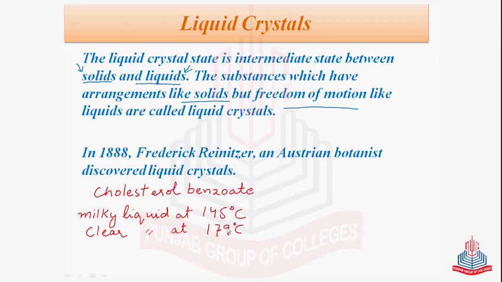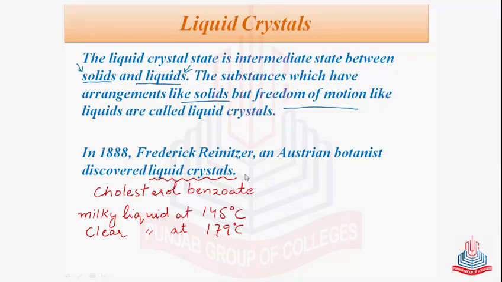So इस 145 से 179 के दरमियान Friedrich Rinzer observed that cholesterol benzoate showed a turbid phase, and that turbid phase is actually the liquid crystals. और जब इस substance को cool किया गया, तो reverse process was observed.